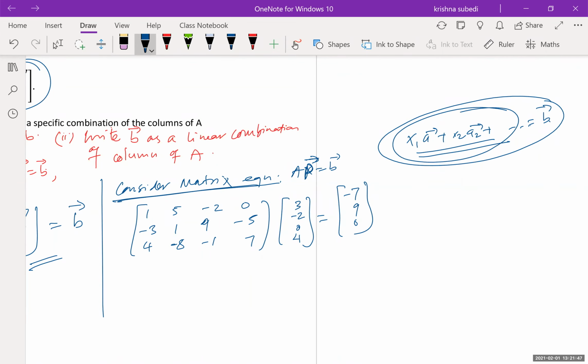So to express this as a linear combination, we just write the vector equation form. We have already seen how to change the given system into matrix equation form, vector equation form, and augmented matrix form, and they represent the same thing.